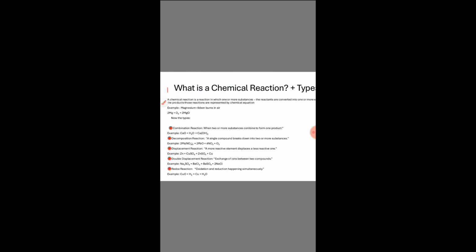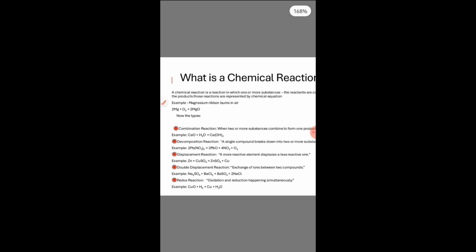Then what is a redox reaction? A redox reaction is oxidation and reduction happening simultaneously. They will give a reaction and ask you to find out where oxidation is happening and where reduction is occurring. We have the example: copper oxide plus hydrogen gives copper plus water.